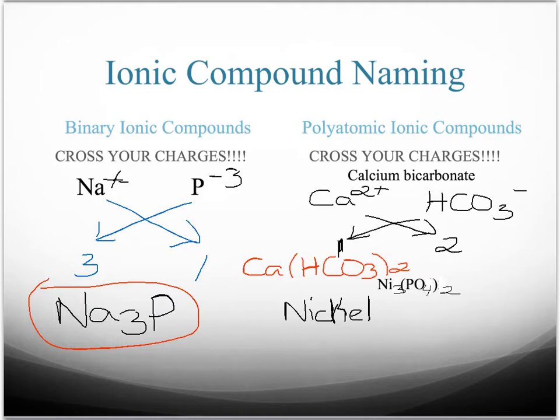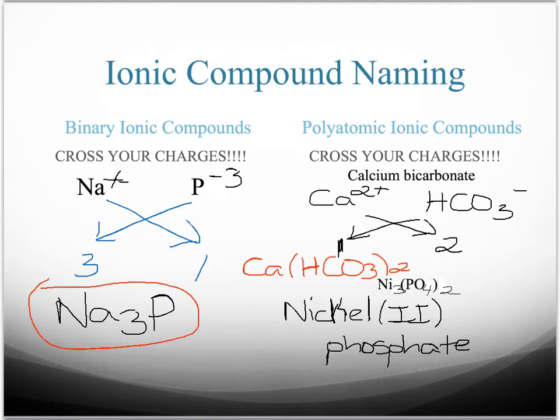So since these charges have already been crossed, if we were to uncross them, the 3 from the PO4 went to the nickel, and the 2 from the nickel went to the PO4. So if that 2 came from the nickel, then that tells us that this is nickel(II), and then we just add the phosphate.